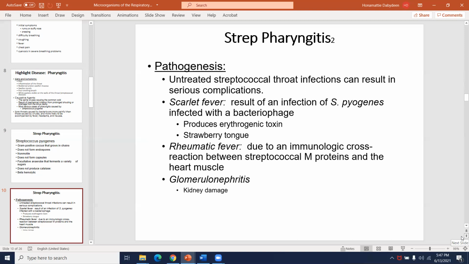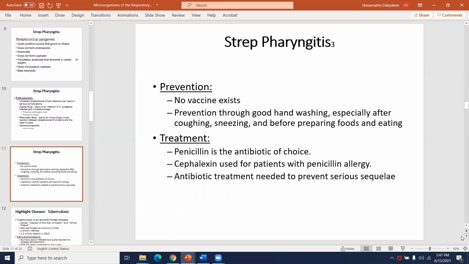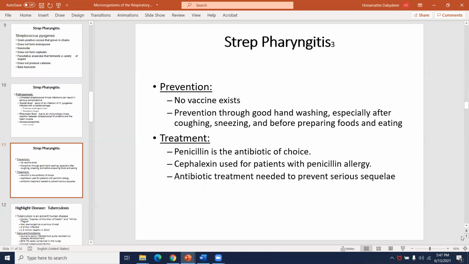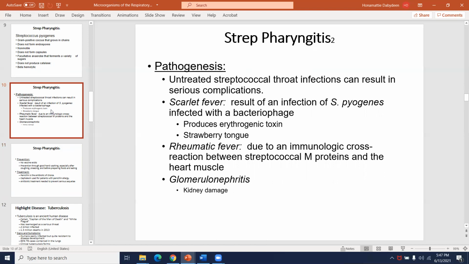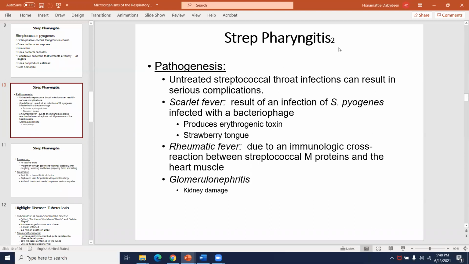And if these organisms can cause so much damage, then obviously they must have some very powerful weapons. So let's see if we can talk a little bit about the weapons that these organisms are producing. A few of the weapons are listed here. Now, we call them the virulence factors.